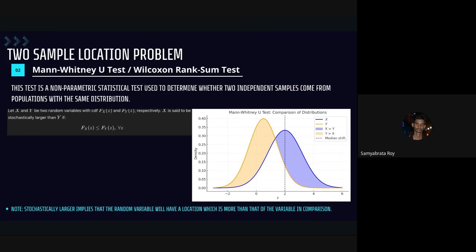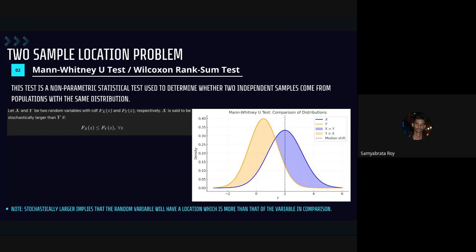Thank you. Basically, as in the diagram we have mentioned, see, y is occurring earlier, right? The peak of y is coming earlier than the peak of x. So the probability mass is larger in the larger area in x than y. Is it understandable now? The mass lies in a more positive section for x than y.